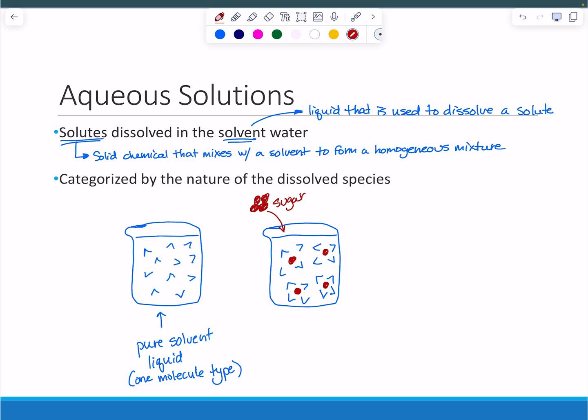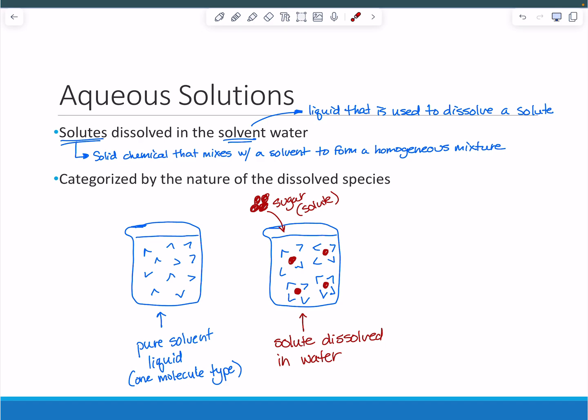So in this case, this is the solute, the sugar, dissolved in the water. What you see is each individual molecule is surrounded by waters and they're not in direct contact with one another anymore.